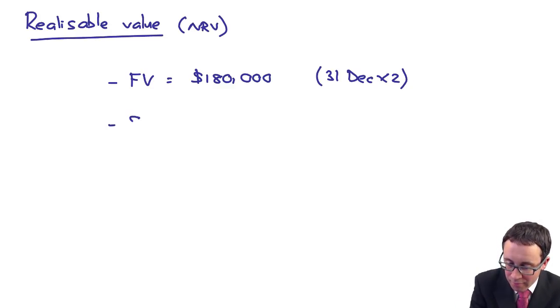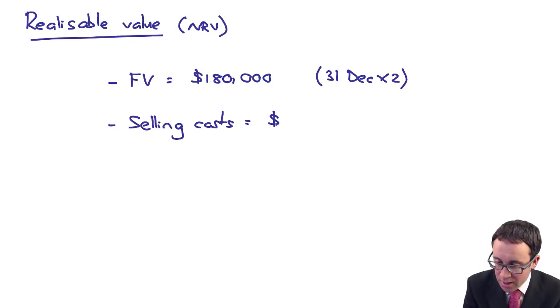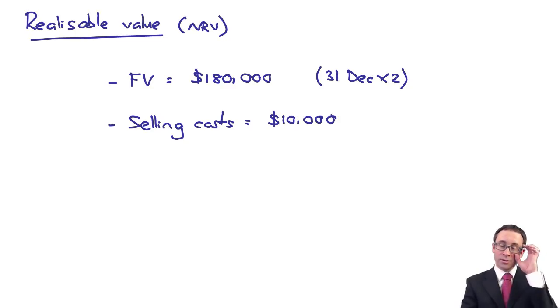And then what we have for this asset is that maybe there's some selling costs. Shall we keep it simple? Of 10,000. Okay, so that might be the cost to dismantle it, to transport it, whatever it may be, in order to sell it.